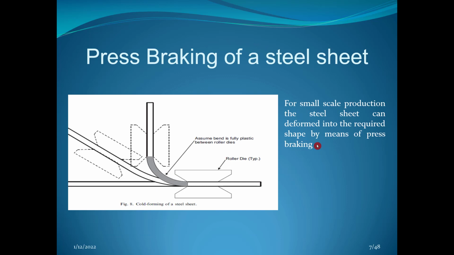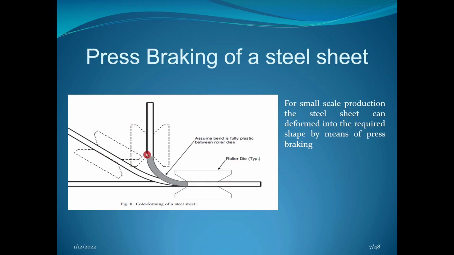Next is press braking, and this is used only for small batches, meaning for a very small number of sections. In press braking, steel shapes are formed by pressing the steel sheet.